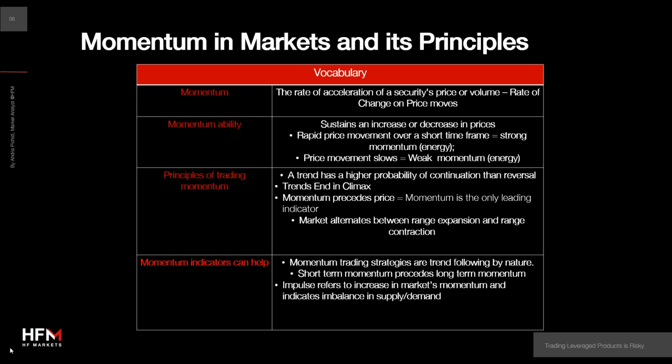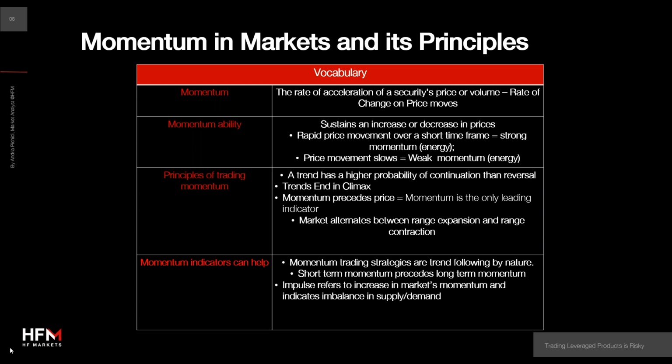If your asset is trending down, you could consider taking a short position. So instead of the traditional philosophy of trading, like buying low and selling high, momentum trading or momentum investing seeks to sell low and buy lower, or buy high and sell higher. That's the approach.